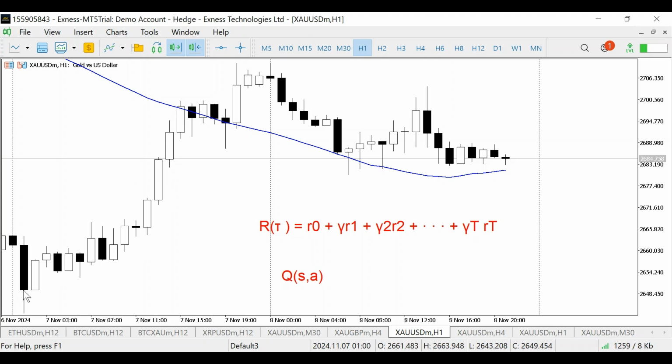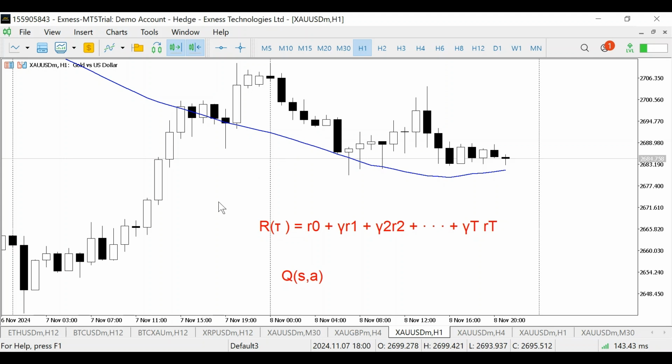For a sell trade, the Q value is 0. And here, if we buy over here, we have got a good trade, so the Q value should be high. And if we sell over here, the Q value is almost 0. So here, let's say if we buy, the Q value is not good. So this is the concept of Q value.